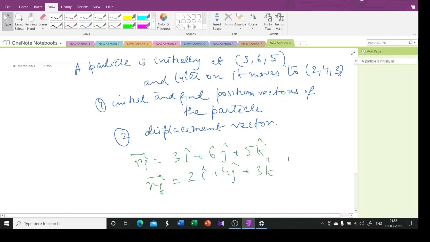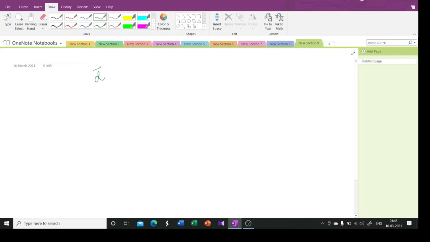Yeah, so the displacement vector, which is d, is simply the RF vector minus the RI vector. Alright, simple enough.